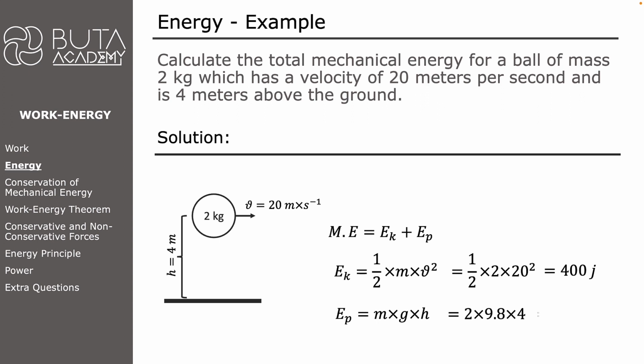Their product is equal to 78.4 joules. Now we can add these two values to calculate the mechanical energy. 400 plus 78.4 is equal to 478.4 joules.